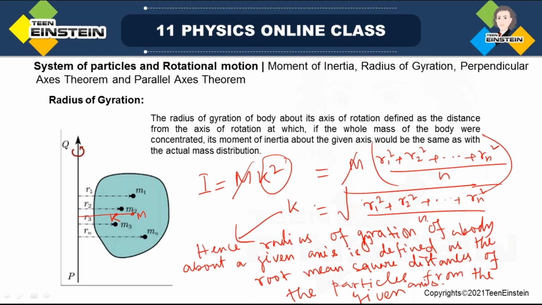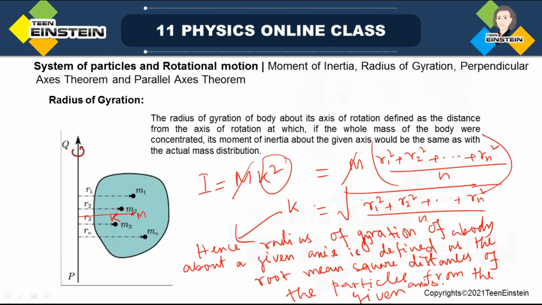So what is the physical significance of this? Actually, this is a geometrical concept of moment of inertia. It depends on the position and direction of the axis of rotation with respect to the body, and obviously on the distribution of mass about the axis.